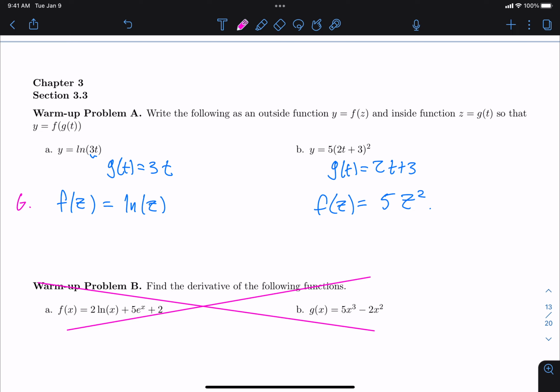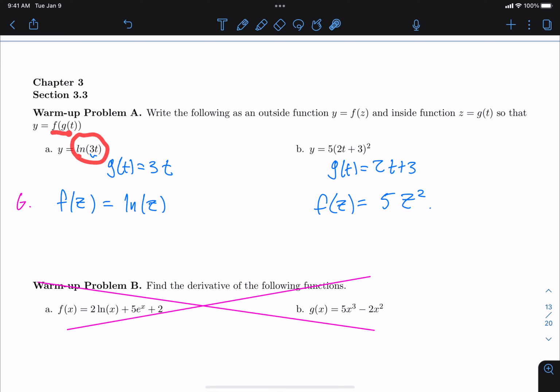I want to go back over that because this reverse composition problem process is super, super important when it comes to the chain rule, which is what we're going to learn today. So what do we want to do? For these problems, they tell us, well, we're going to give you the answer to a composition function, and you have to come up with, okay, what then was the question, right?